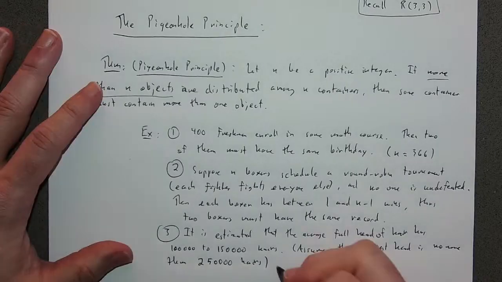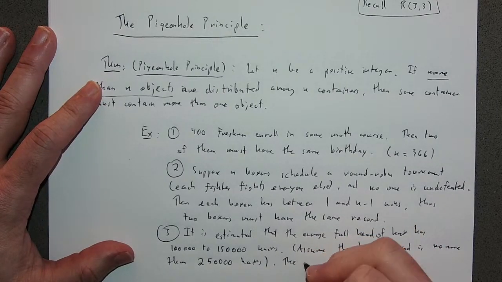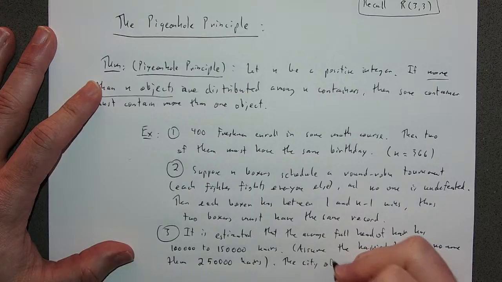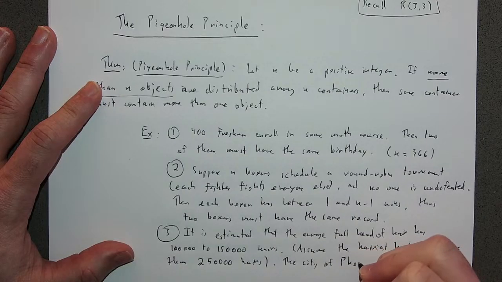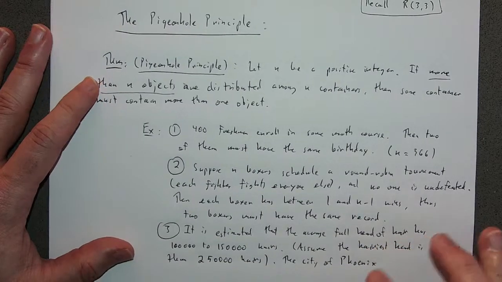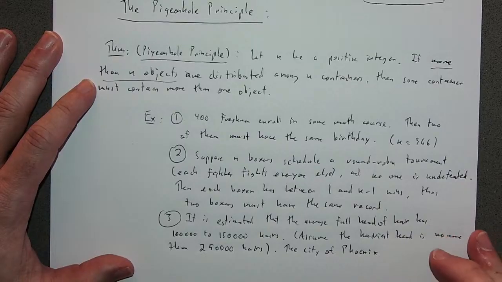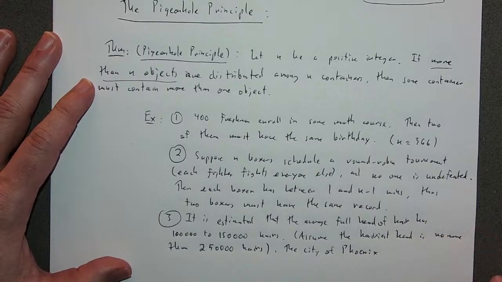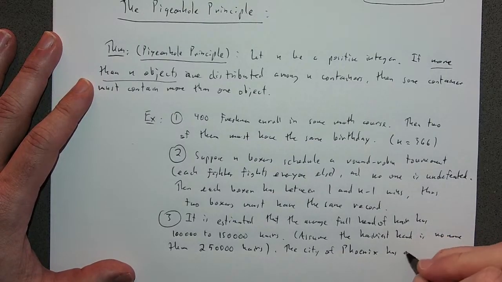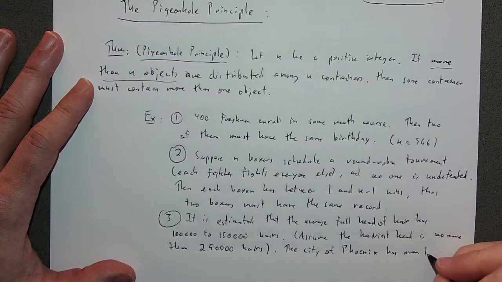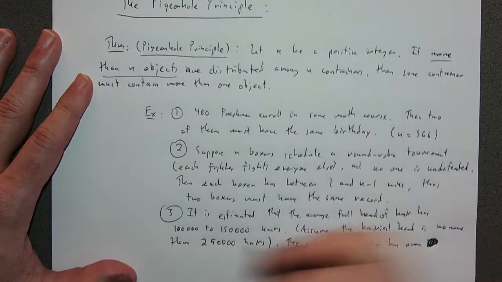Well, the city of Phoenix, and it's probably even larger now, but this was as of 20 years ago. City of Phoenix has over 1.5 million people. I'll write it on the next line.